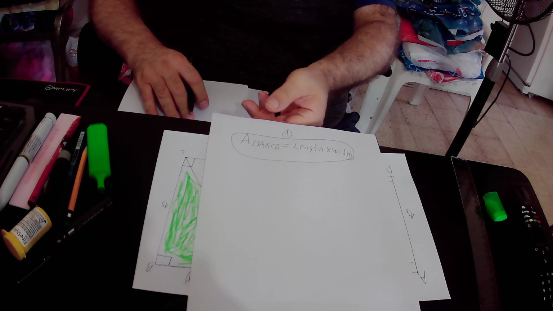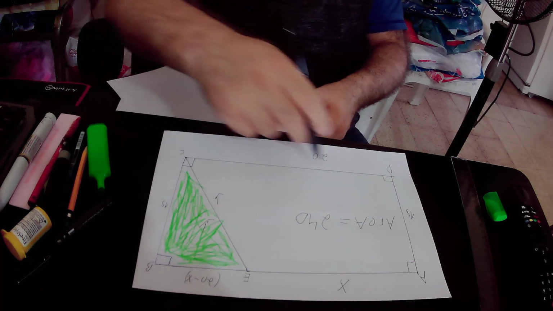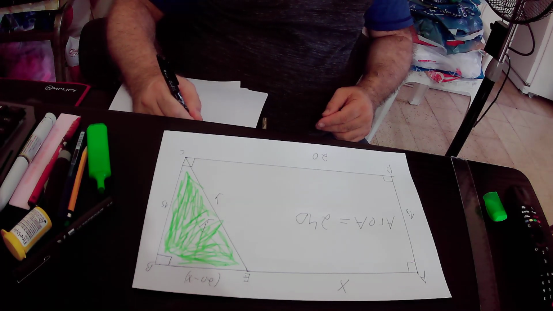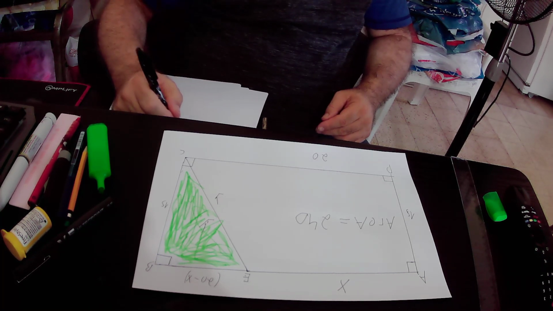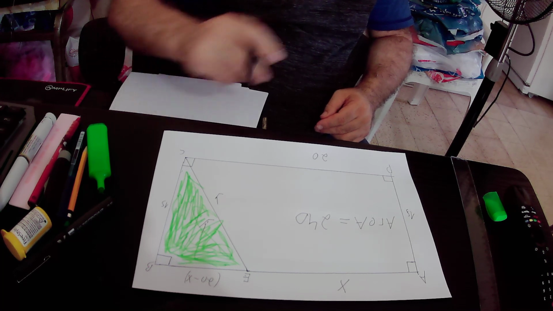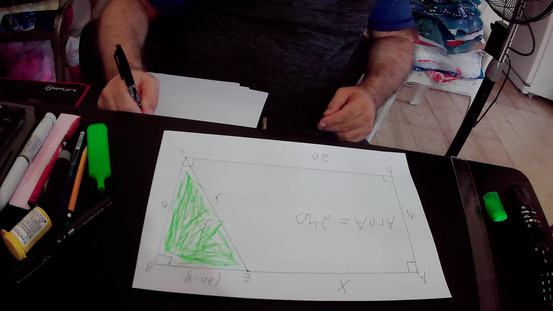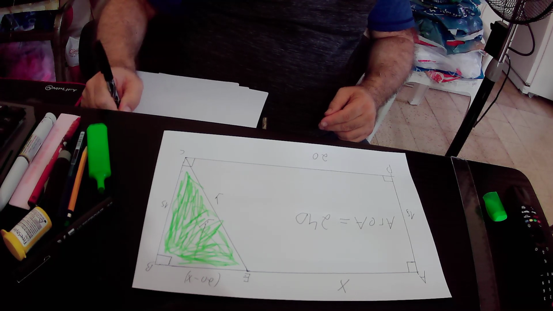So the area of our rectangle ABCD will be equal to the length, that is 20 units, times the width, that is 15 units, and 20 times 15 is 300 units squared.